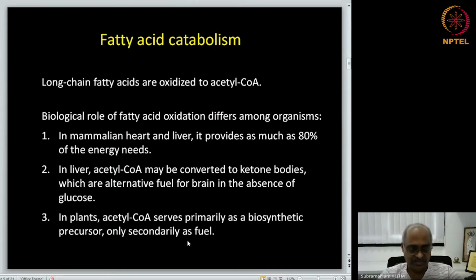Fatty acids have a very important role in terms of the energy dynamics in our system, in terms of the energy storage and the production of energy. They have a central role, second only to carbohydrates, and therefore we will turn our attention to fatty acids for the remaining part of this course, which is only a few lectures.